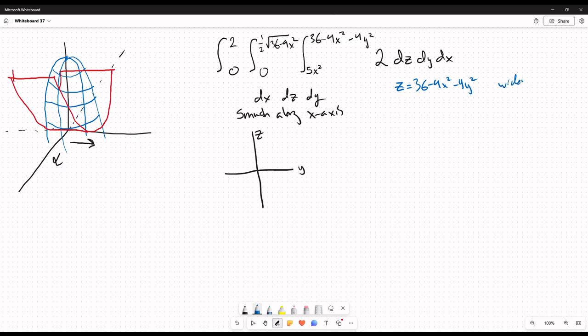So we're just going to plug in 0 for x. And hey, there we go. We get z equals 36 minus 4y squared. So I'll have 36 up here. It's important to note that this is going to intersect the y-axis when y equals 3.